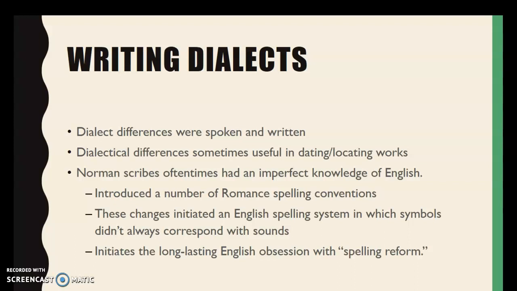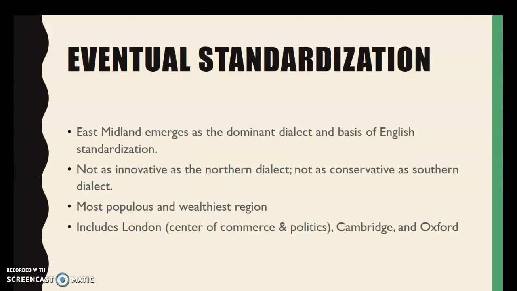Just like West Saxon became the dominant writing style of Old English, the East Midland dialect rose to prominence in the Middle Ages. It was kind of a happy medium between the extremes of super innovative Northern dialect and really conservative Southern dialect. The East Midland area was the most populous and wealthiest region of England, and so a lot of business was being done there, specifically in London.